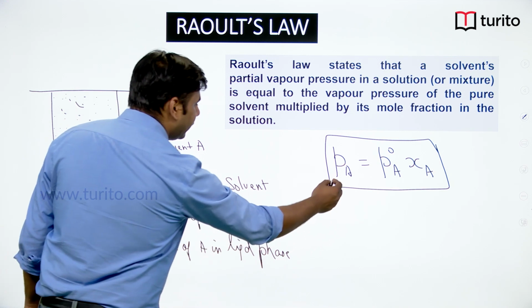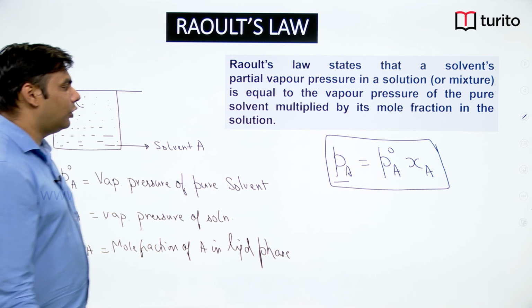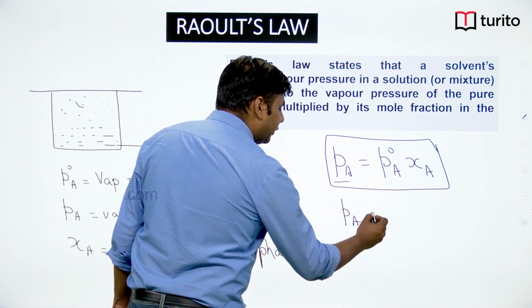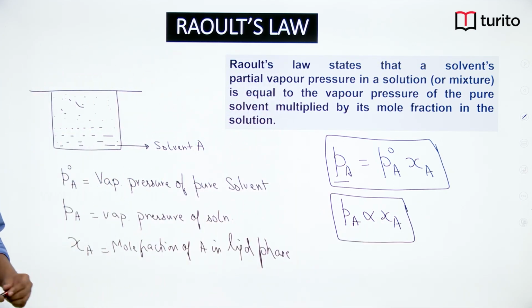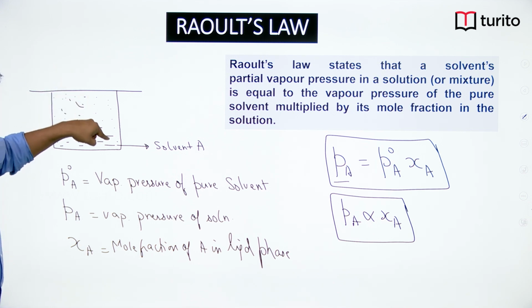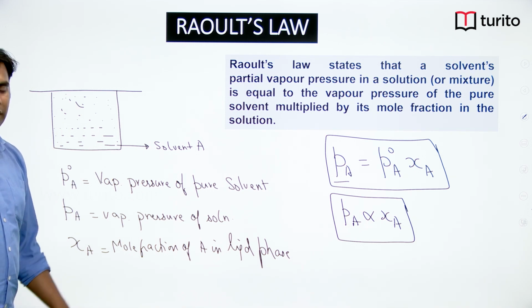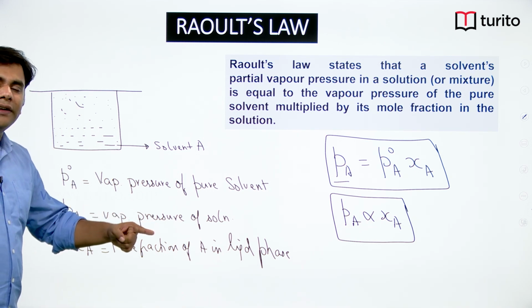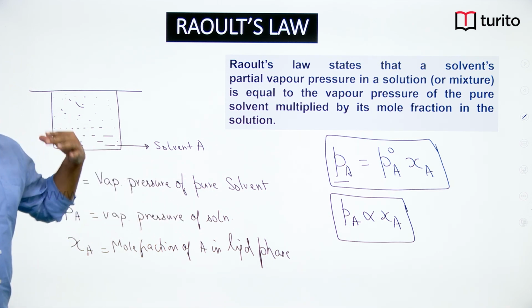So let the pressure over the solution now be PA. The pressure over the solution due to the solvent component will always be proportional to its mole fraction in the liquid phase. The vapor pressure of the solvent in the liquid mixture will be proportional to the mole fraction of the solvent in the liquid phase. Mole fraction reflects the number of particles at the surface of the liquid, hence the escaping tendency, and hence the vapor pressure.